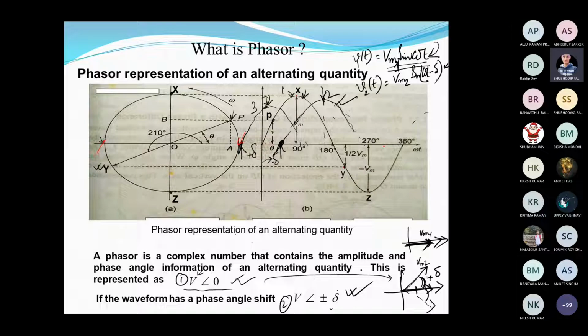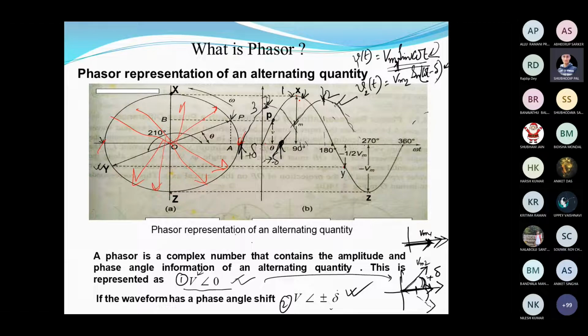So any AC quantity can be represented by a vector which is rotating like this, and its value is the amplitude Vm.